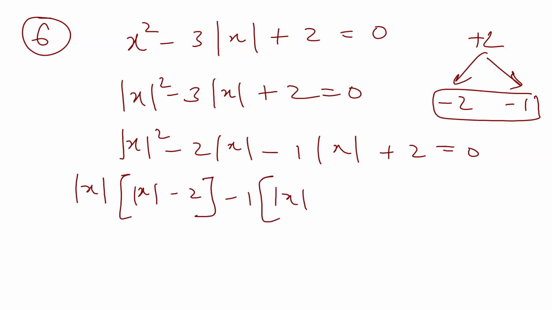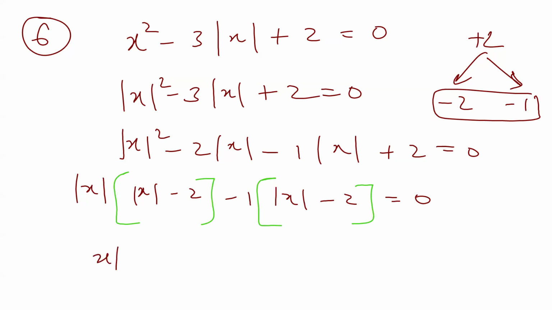Minus 1 common. Modulus of x minus 2. I hope you are understanding this. I've taken common. Now modulus of x minus 1, modulus of x minus 2 equal to 0.